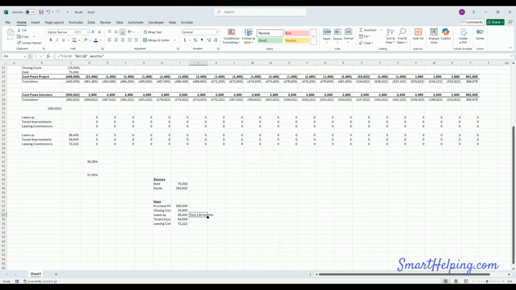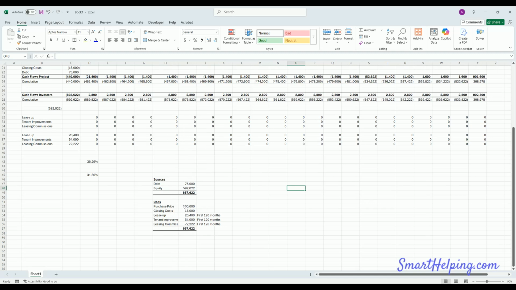So it dynamically says the amount of months that these are for. So when we sum these, now these should equal. And they do. That's good. And so that's how it would kind of sit on the sources and uses here.